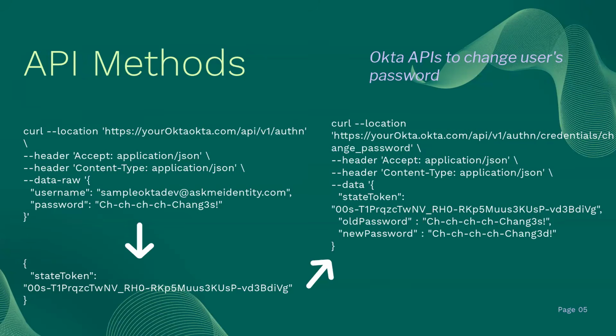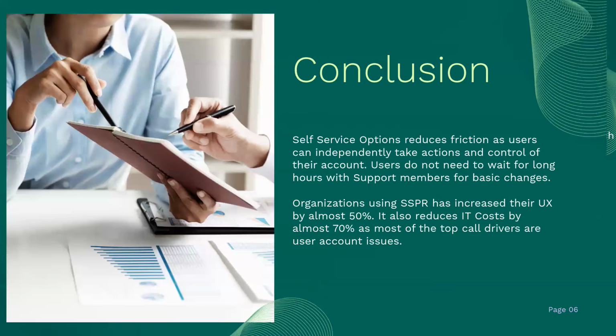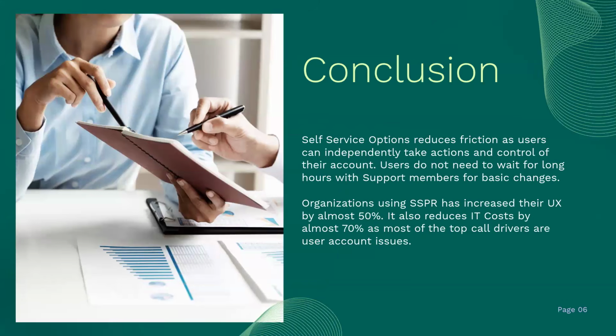Once we have received the state token, we will then make a call to the change password endpoint of the Okta user endpoint, and we will provide the state token, the old password, and the new password. Now, using this old password and new password verification, Okta would be able to set this new password on the account if it complies with the password policy. Similarly, you would be able to create other operations which we indicated in the high-level design.